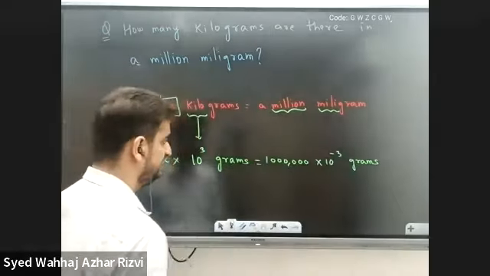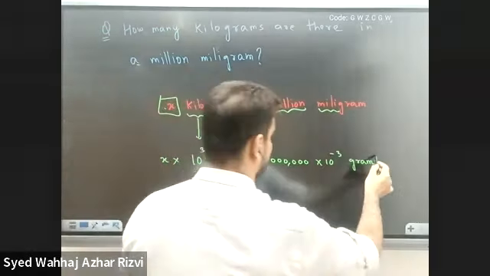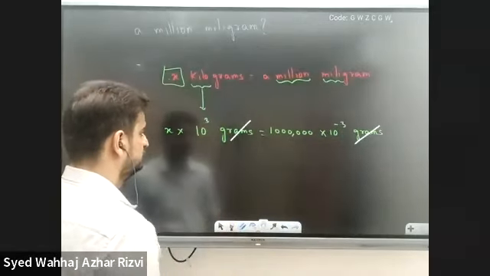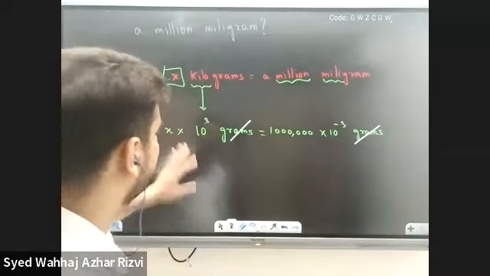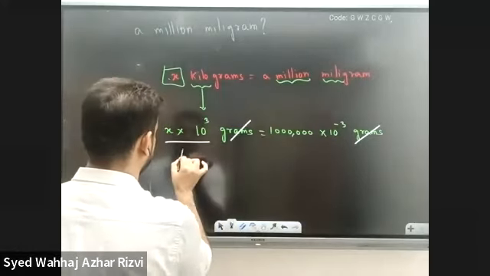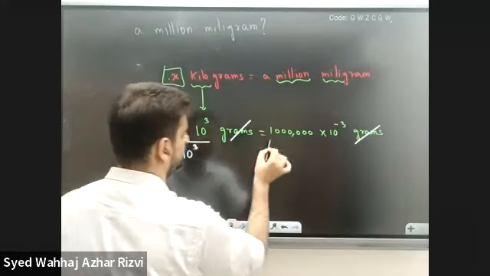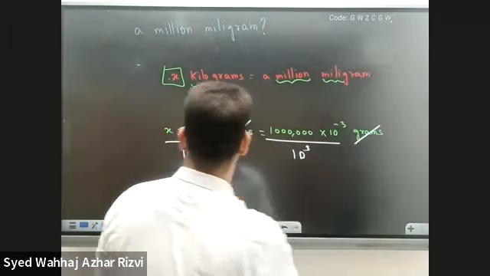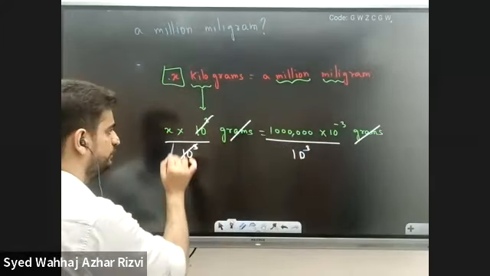So what are we having here? We have grams on both sides, so let's cancel each other. Then we have to find the value of X. So let's divide by 10 raised to the power 3. This gets cancelled.